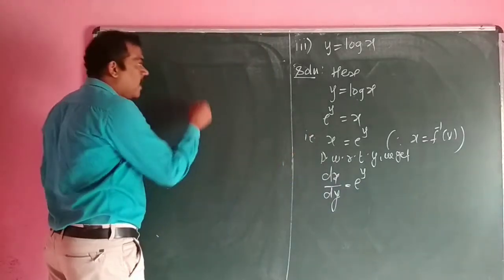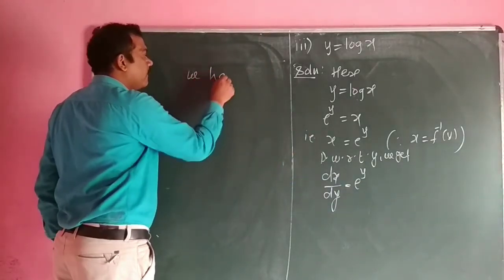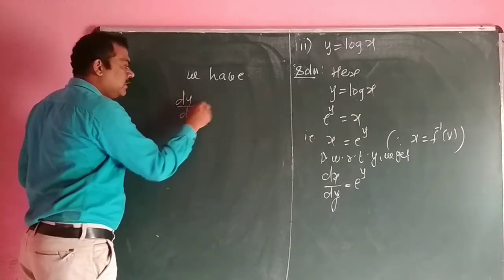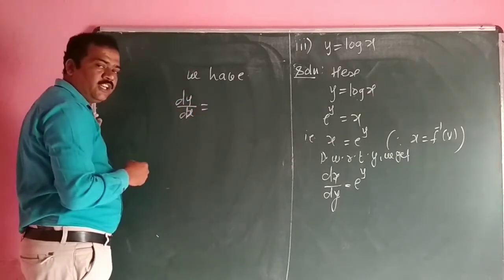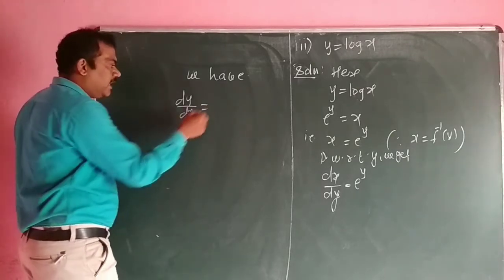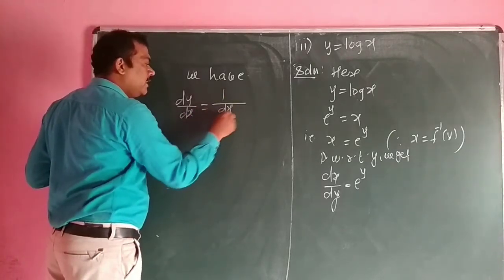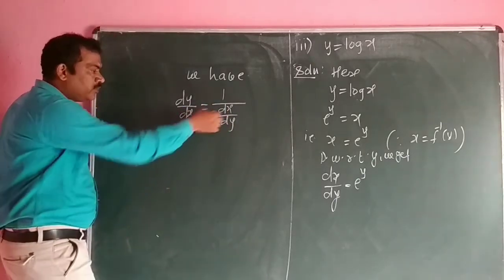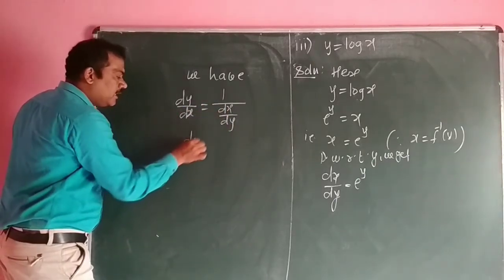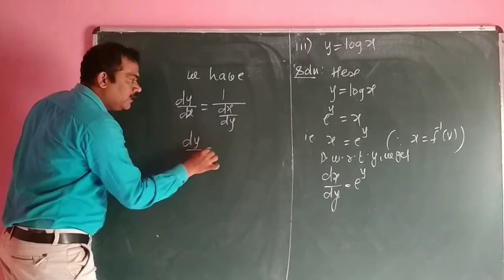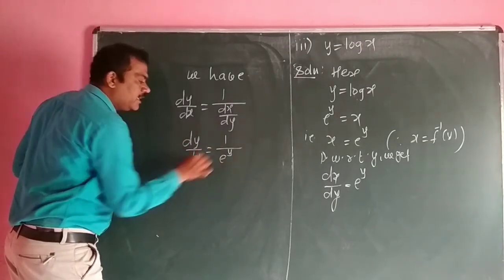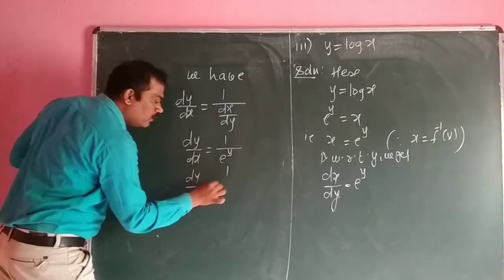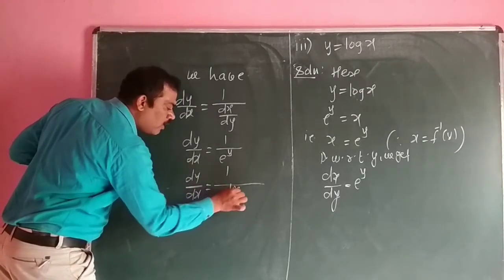Now we have dy by dx, by using the theorem related to derivative of inverse function. We can write 1 upon dx by dy, with dx by dy not equal to 0. Substitute the value of dx by dy, that is dy by dx is equal to 1 upon e raised to y, that is dy by dx is equal to 1 upon e raised to log of x.